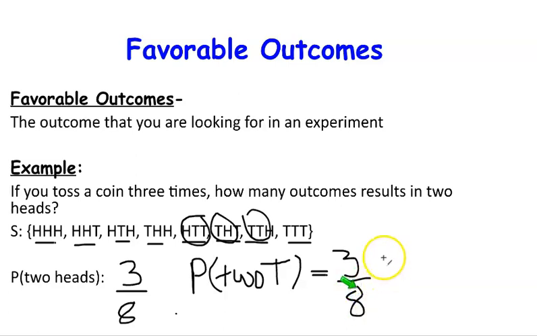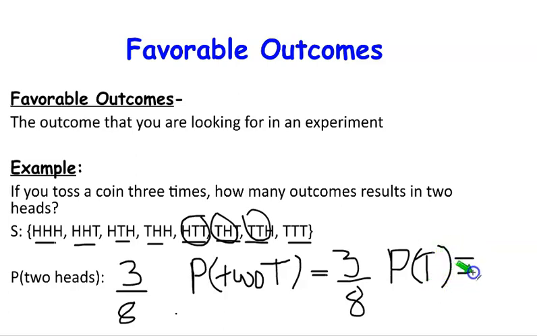I'll just do one more. What's the probability of when you toss a coin 3 times, how many outcomes result in only 1 tails?